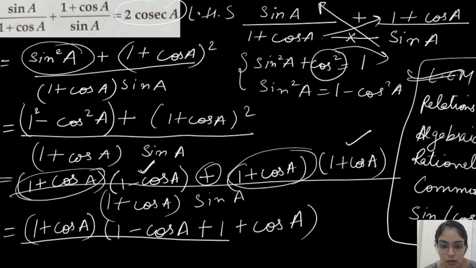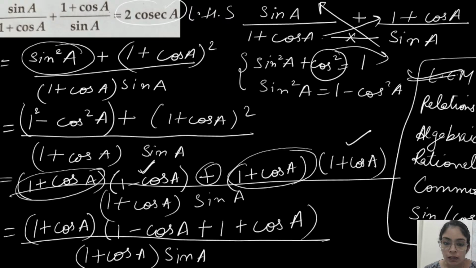Now this is 1 plus cos A into sin A. The terms are now in their multiplication form, so 1 plus cos A and 1 plus cos A will get cancelled. So what is left now? In the numerator, if you simplify, negative cos A and positive cos A will get cancelled.